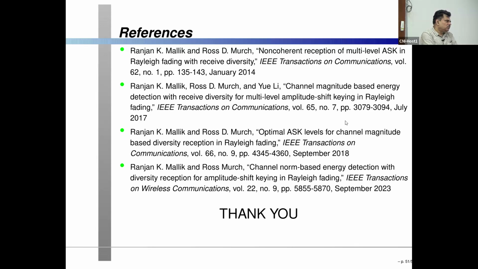But you're not dependent on the channel statistics. Here I'm using channel statistics information, right? Because the moment you use a likelihood receiver or something like that, you're obviously using the channel statistics. Completely blind, right? Never thought of it.